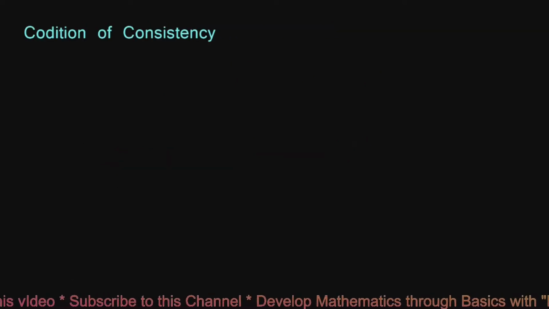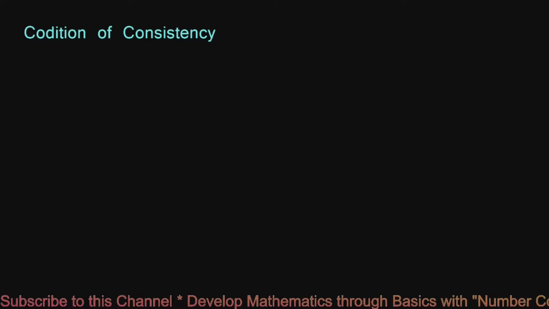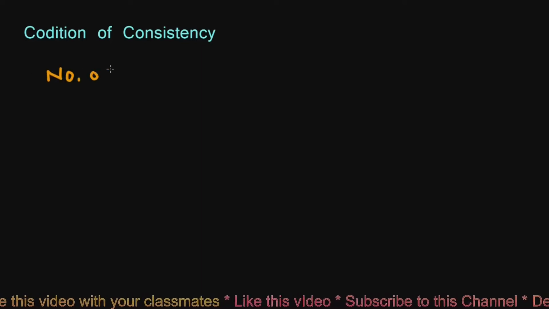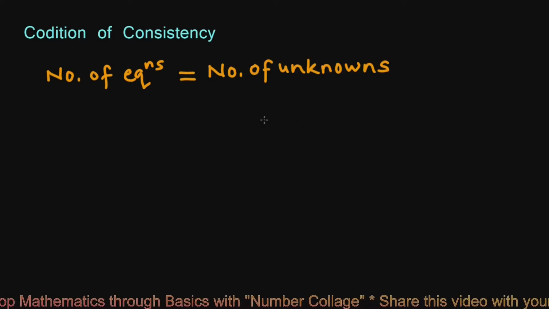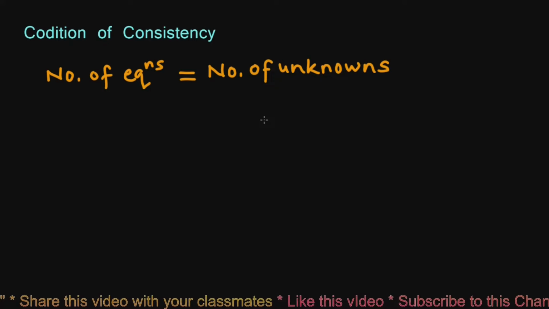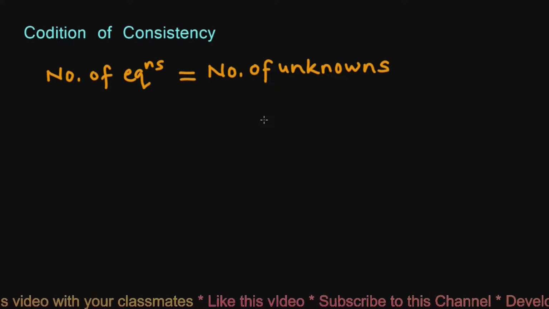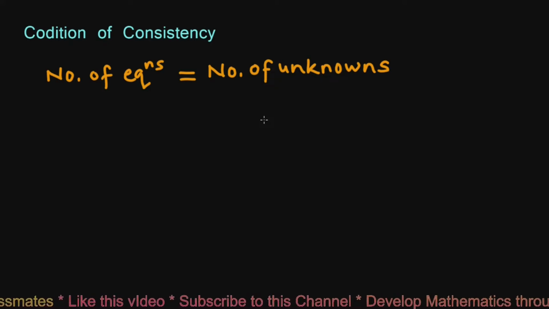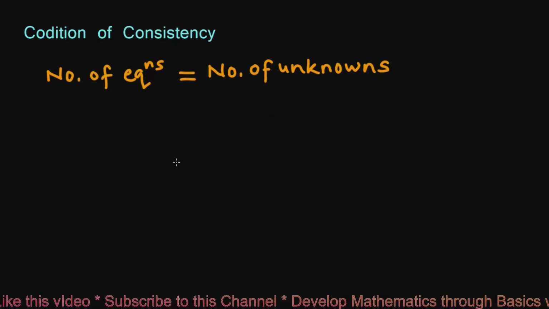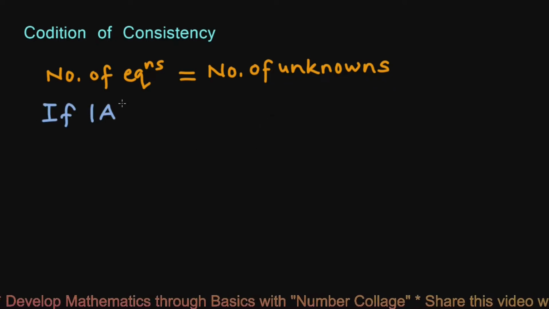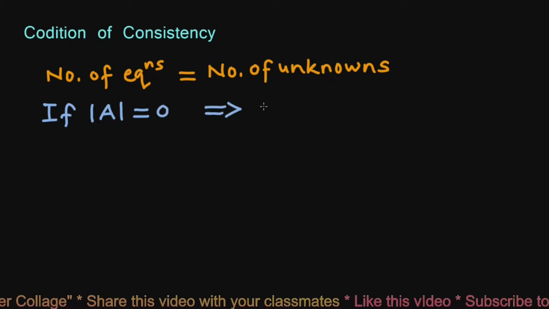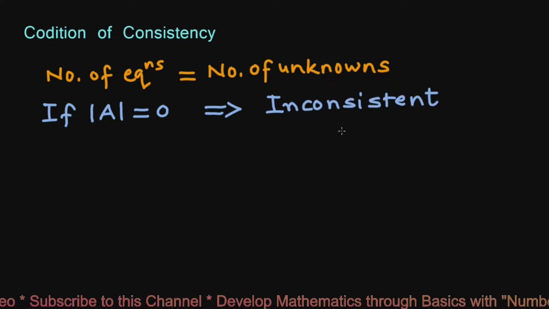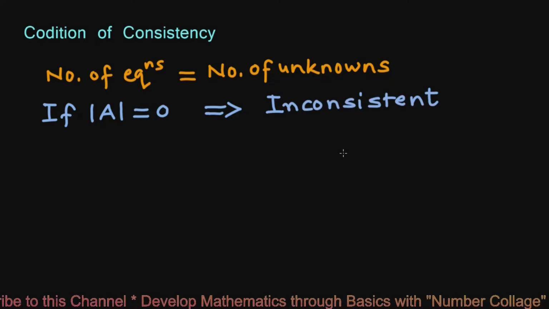We will talk about the condition of consistency of a system of linear equations. If the number of equations equals the number of unknowns, then the matrix of the coefficients is a square matrix, and if the determinant of matrix A equals 0, it implies that the equations are inconsistent, which means they do not have a unique solution.